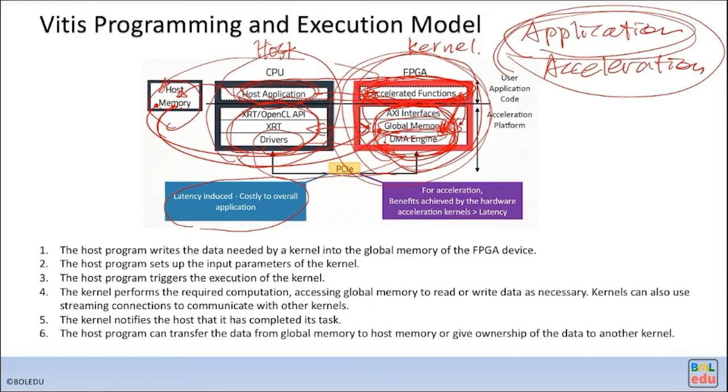So you have to consider the whole thing as your evaluation standard. You cannot simply look at the kernel function. In a lot of papers, they say the kernel function speeds up by two orders of magnitude, 100 times faster, but they don't mention how much the whole application speeds up.